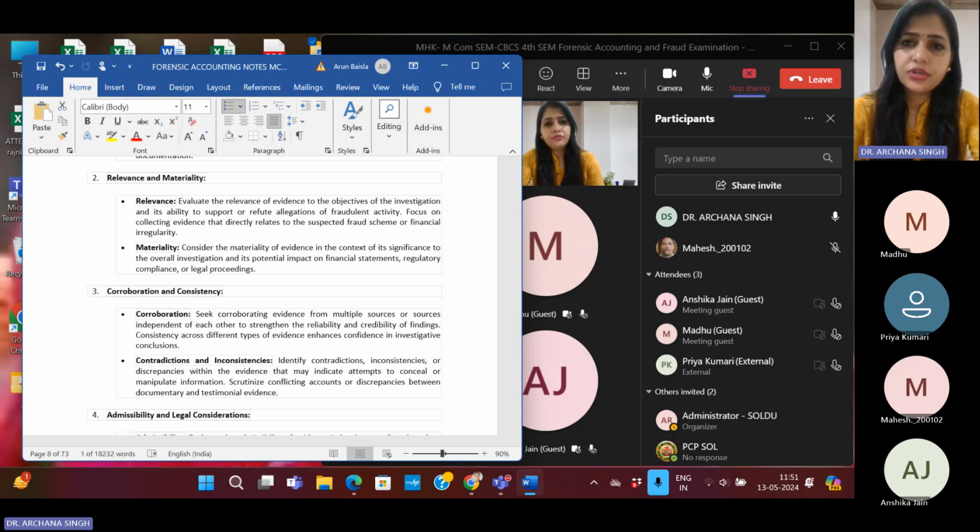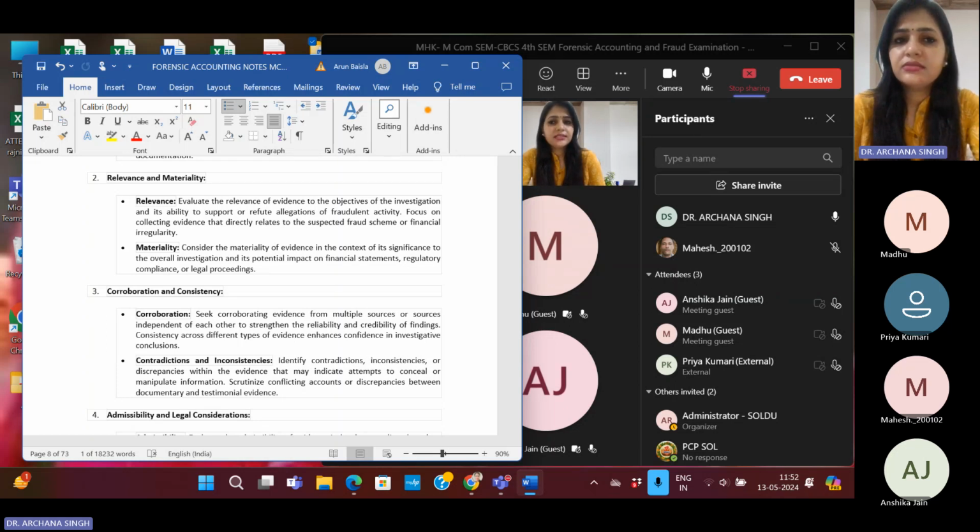Then they had to focus on collecting that evidence which is directly related to the suspected fraud scheme or financial irregularity कि वो जो investigation कर रहे हैं उसका जो objective है, whether that investigation से related जो भी उन्होंने collect किया है evidence, whether it is relevant to it or not, whether it is supporting that or not. Okay, so they had to identify, they had to evaluate that thing.